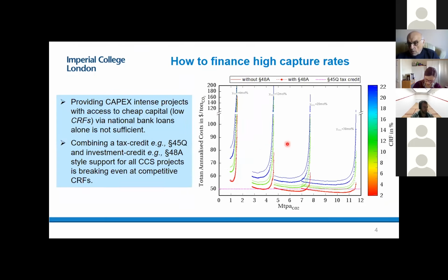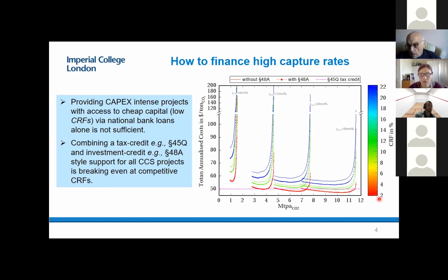The second point that I looked into is how can you actually try to finance this? And it's a rather complicated chart, but in a nutshell, the color is your cost of capital. So your capital recovery factor, a normal one would be between 10 and 11%. Very cheap access to capital would be 2%. So if a national bank gives you a cheap loan, and very expensive cost of capital would be 22%. And the takeaway is that even if you have very low CRFs, you will not get there to drive CCS out.